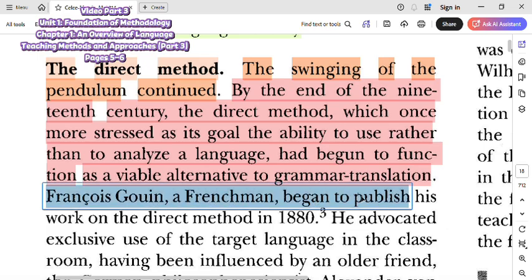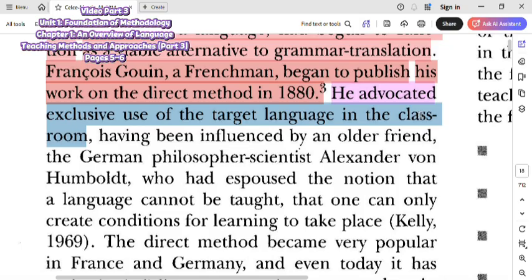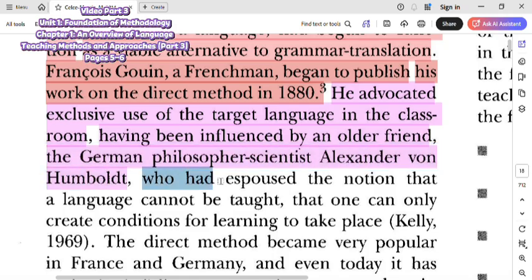François Gouin, a Frenchman, began to publish his work on the direct method in 1880. He advocated exclusive use of the target language in the classroom, having been influenced by an older friend, the German philosopher-scientist Alexander von Humboldt, who had espoused the notion that a language cannot be taught, that one can only create conditions for learning to take place.